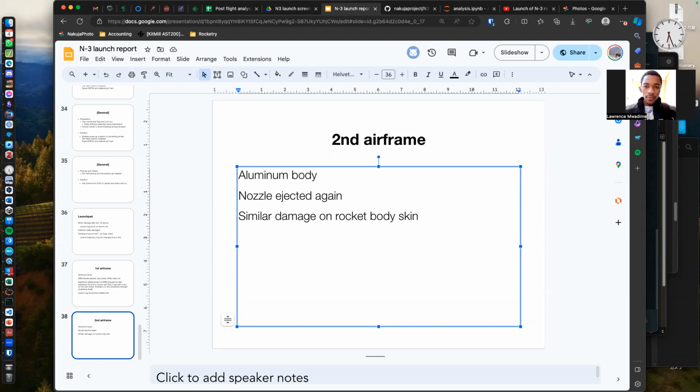A suggestion that was made on the field during our launches was that we should consider having a redundancy, such that even if the bolts on the nozzle shear, we still have a way of having the nozzle rigidly fixed to the airframe. Yes, the bolts holding the nozzle have sheared and failed, but the nozzle still goes with the airframe, and maybe we can have a little more distance in the rocket.